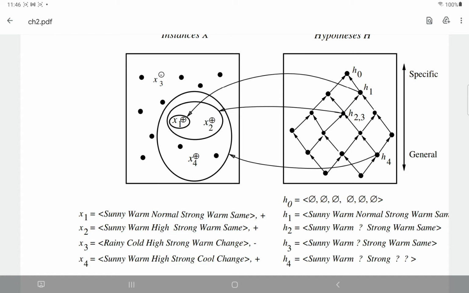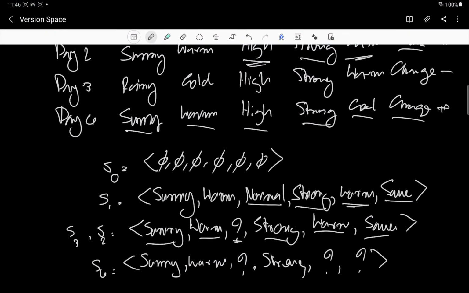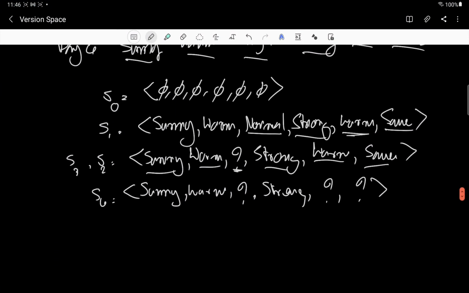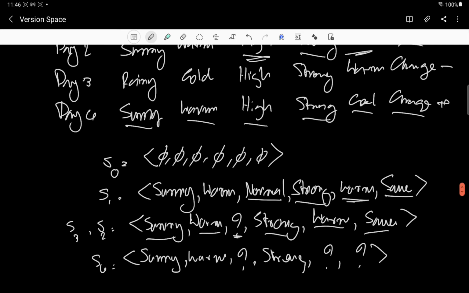Okay, guys, now it's time for us to check why the most specific hypothesis that we try to maintain won't cover the negative example. Of course, the negative example here is, look at this, rain, cold, high, strong, warm, change.